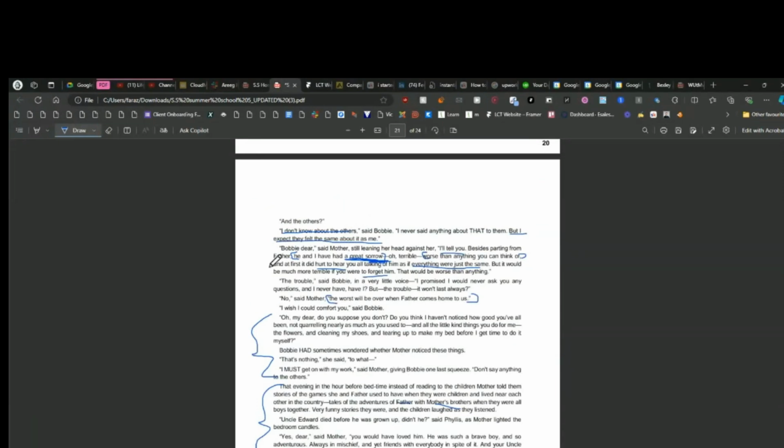But I think there's a reason why I'm gonna go with B over C, right? Because this line pretty much evidences B. So at first it did hurt to hear you all talking of him as if everything were just the same. So there's no actual evidence that she was hurt by anything else, right?